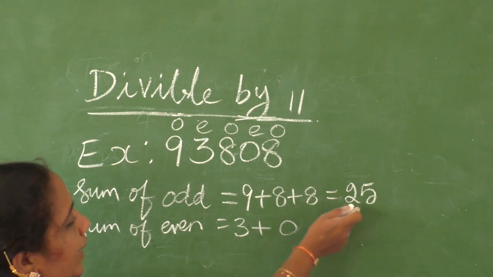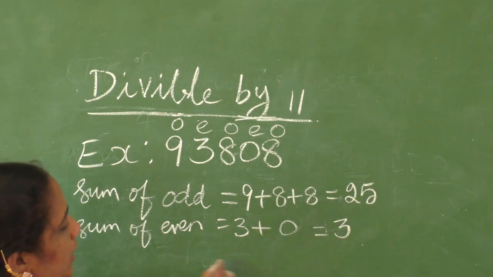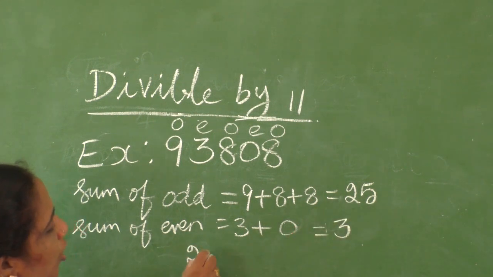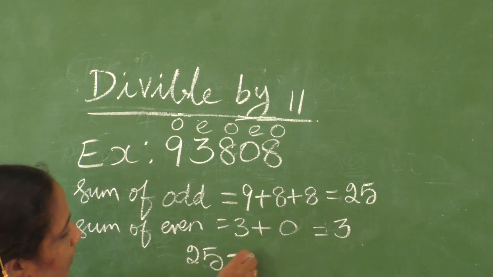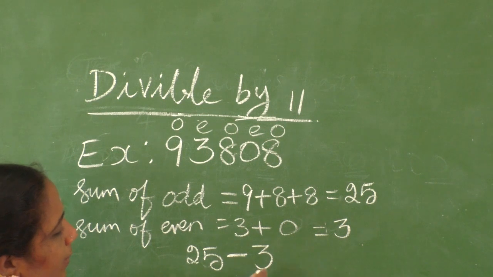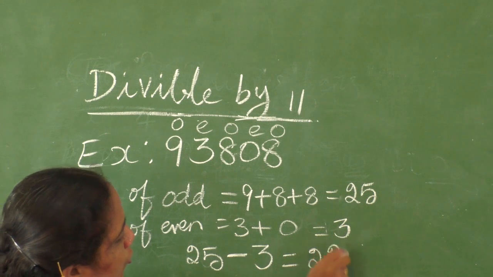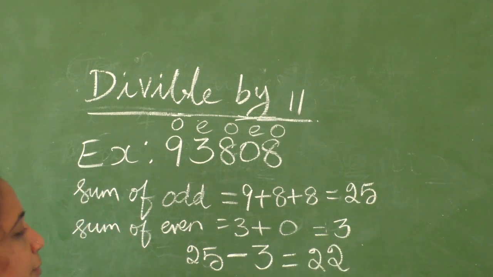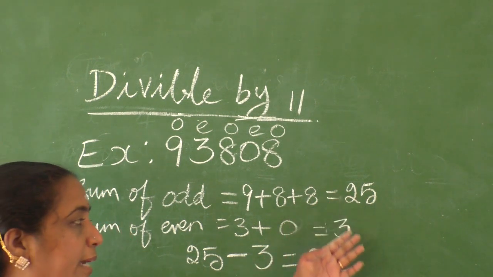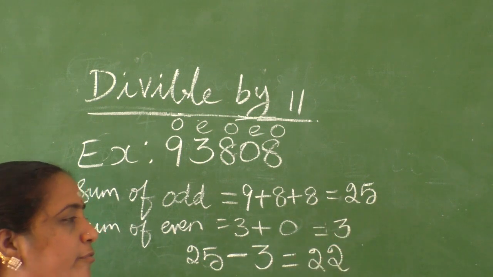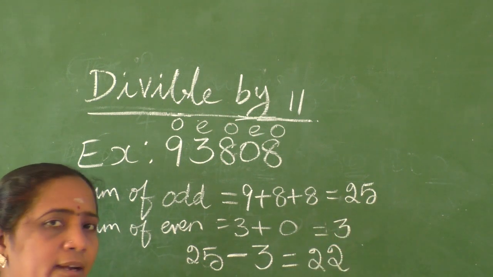Okay, so now we found the sum of the odd and even places. Now I am going to find the difference between these two numbers. Sum of odd places 25 minus sum of even places 3. So 25 minus 3, what will come? 22. So what is the first rule? The difference between the odd and even sums should be 0, but here it is not 0.